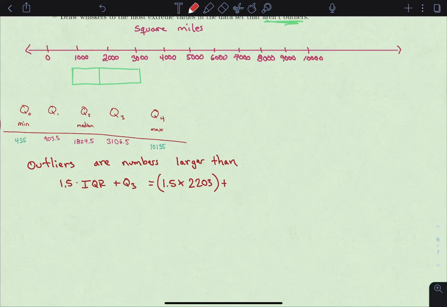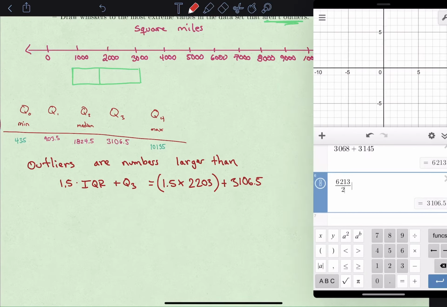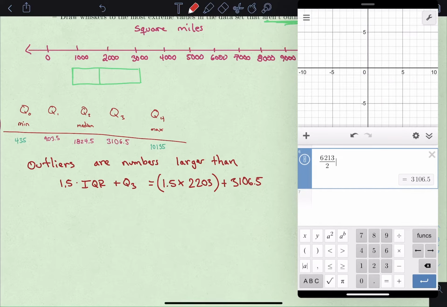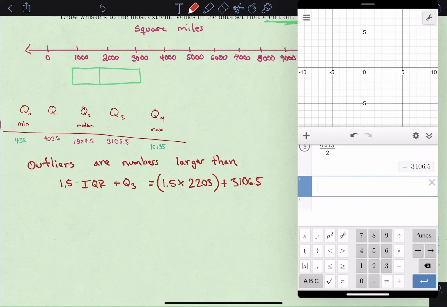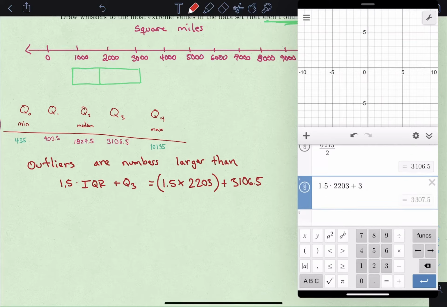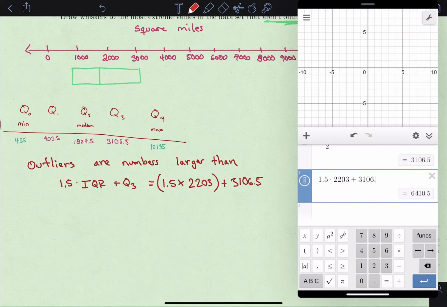And then we need to add that to Q3, which is 3106.5. So let's bring up our calculator. And we have 1.5 times 2203 plus 3106.5. So if you are larger than 6,411, then you are an outlier.